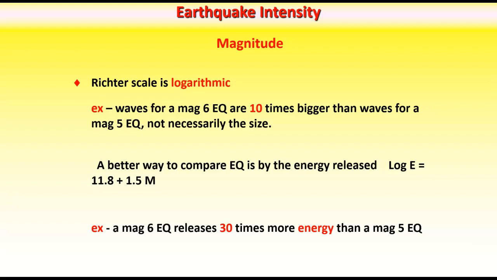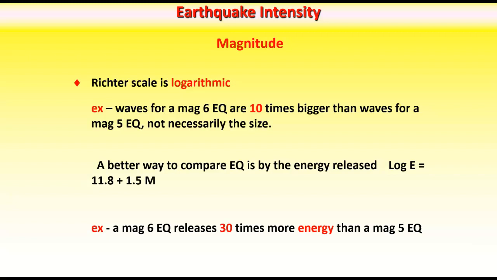So the 5 to the 6 is 30 times, and the 6 to the 7 is 30 times. So 30 times 30, 900 times. So the difference between a 5 magnitude and a 7 magnitude is 900 times more energy released during that 7 than that 5. That's a lot.